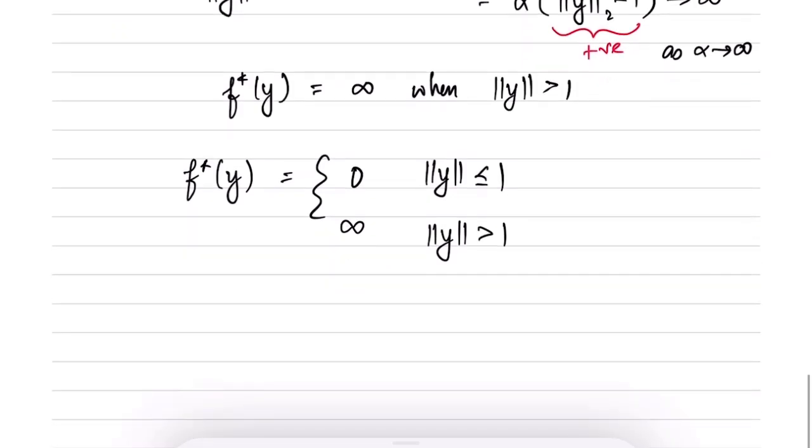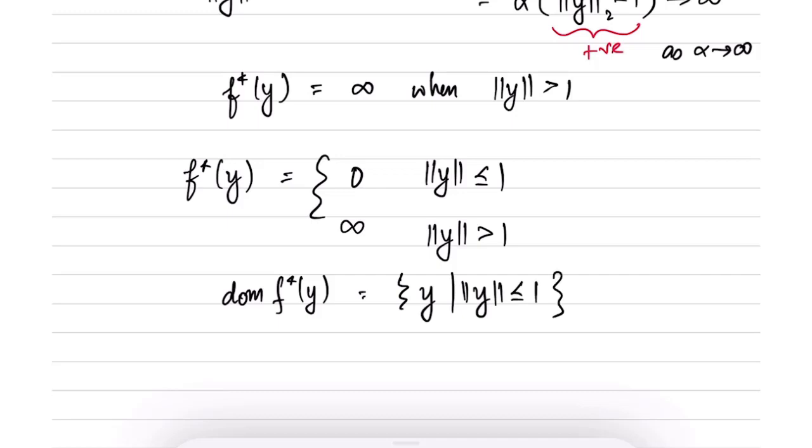And you can also say this as: the domain of f star of y is the set of all y such that norm of y is less than or equal to 1. Because remember, the domain of a convex function is defined as the set of all arguments where the function takes a finite value, it does not take an infinite value. So that is all about the conjugate functions and the examples.